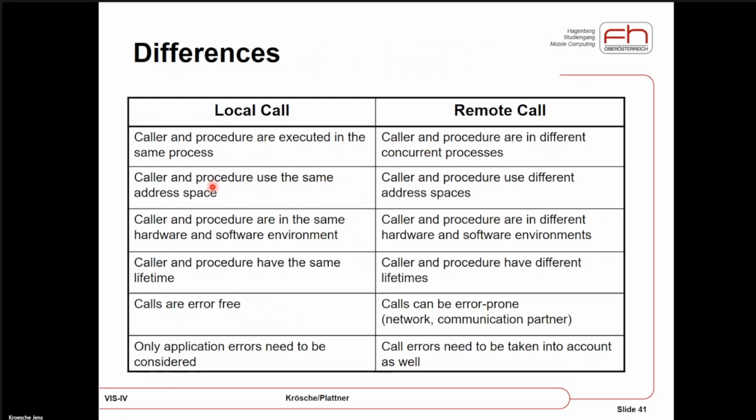The good thing about the local call is that they use the same address space, and in a remote call they cannot share that because they may reside on different continents. They have the same hardware and software environment because they are running on the same computer and in the same process. In the remote call, this can be completely different.